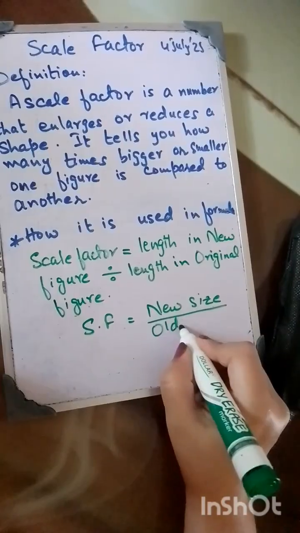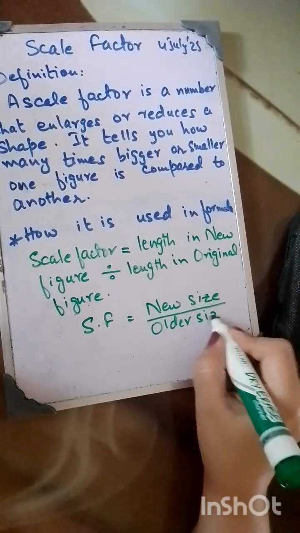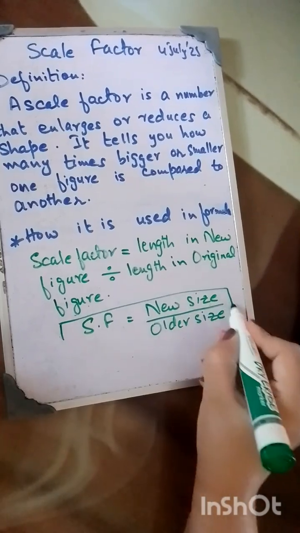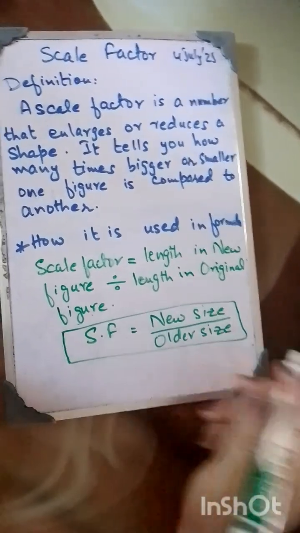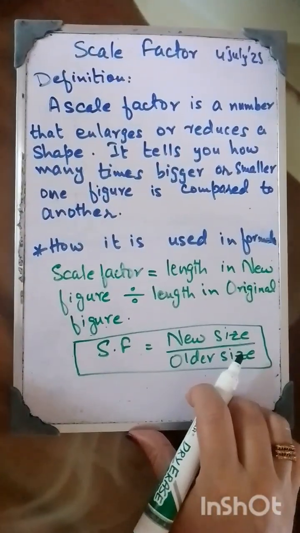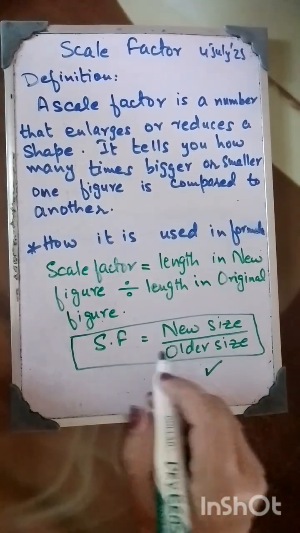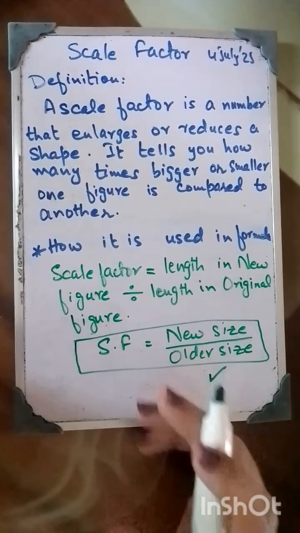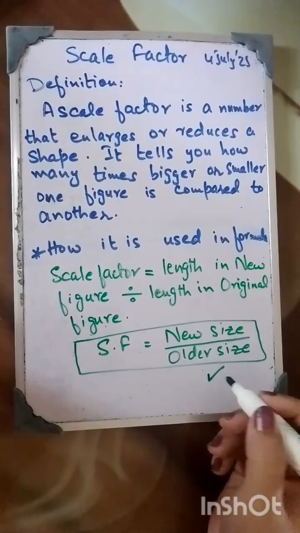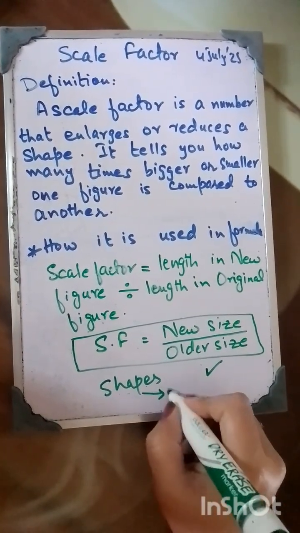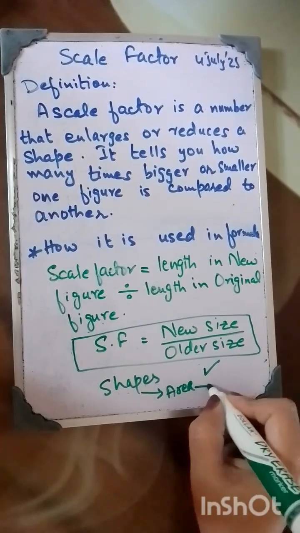In a similar way, maths has a specific formula for everything. So the scale factor is the new area, or new size, or new shape, ratio the older size. That's the scale factor. That's simple, as you can see, and you are going to find it more interesting when we solve some exercises and examples, inshallah, in the coming lesson.